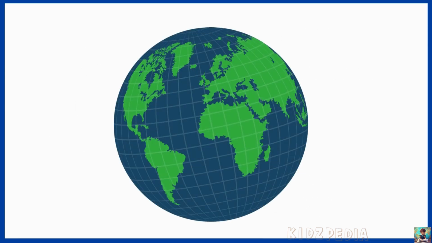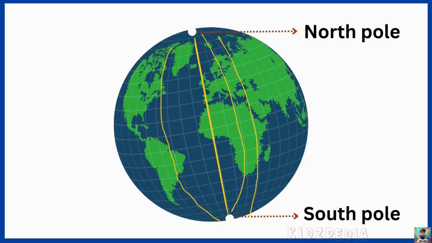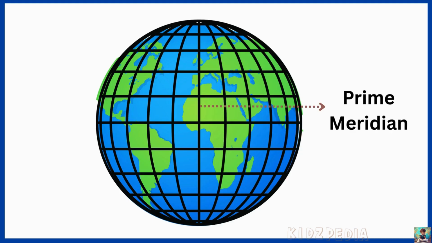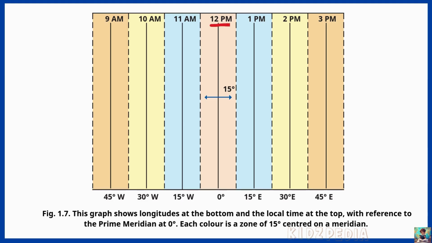Now, on the globe, we draw lines from the North Pole to the South Pole called meridians of longitude. Let's start with the main one, that is the prime meridian at 0 degrees, which passes through Greenwich, England. If we move east from Greenwich, let's say it's 12 noon at Greenwich.